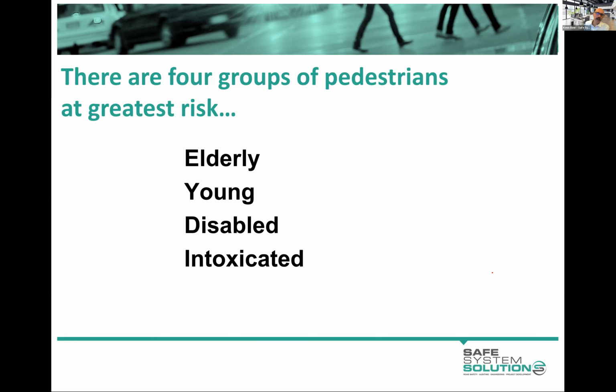Elderly don't move as fast, much harder cognitive processing, much slower in processing information, making choices, and the like. However, exposure is lower. The other one is they're much more frail, so very minor things can be very serious injuries and fatalities.